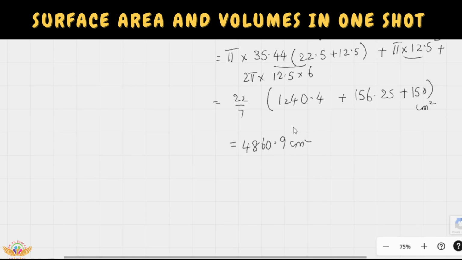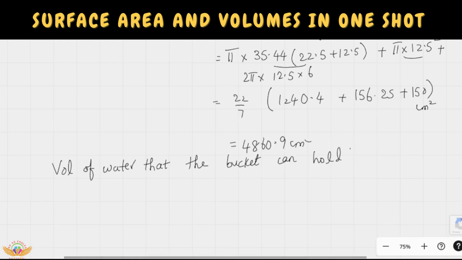Now we have to find the volume of water that the bucket can hold. What is the volume of the bucket?